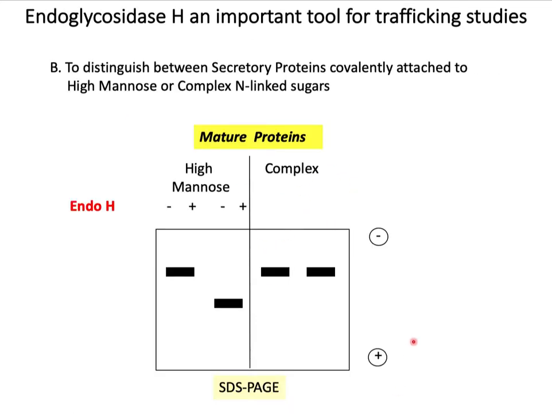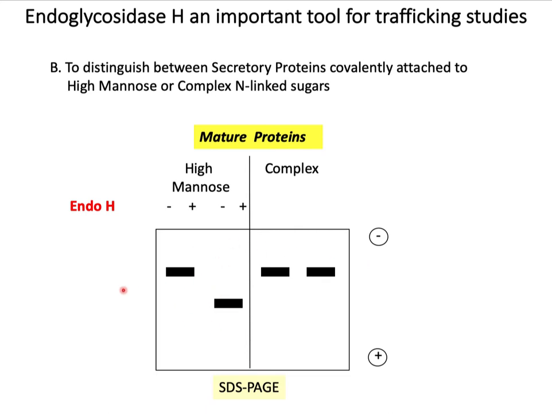What is interesting is that you can also use the endoglycosidase H to distinguish between high mannose and complex N-linked glycans. The reason for that is that although the complex N-linked glycans gain resistance to the action of endo-H at the point they cross the medial Golgi, high mannose sugars are always sensitive to endo-H.